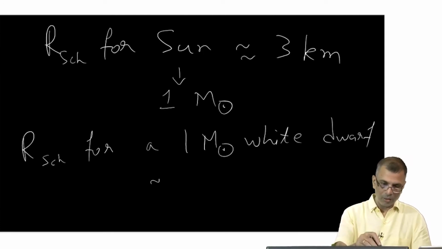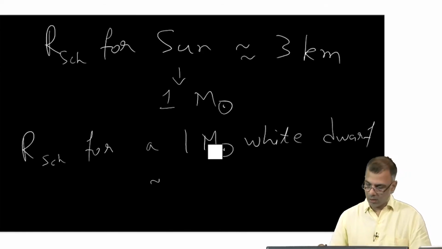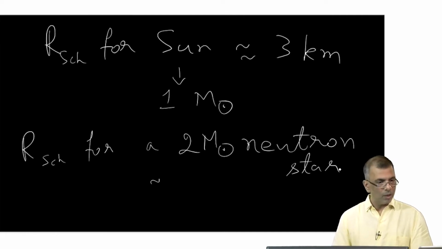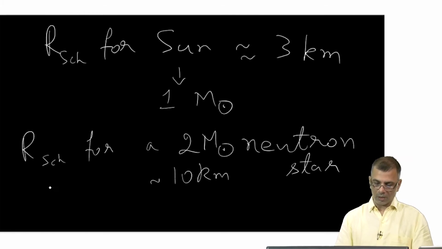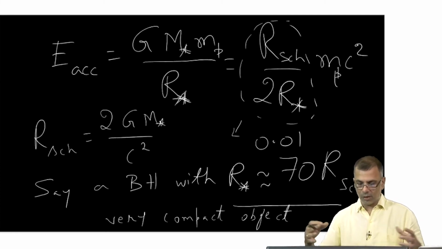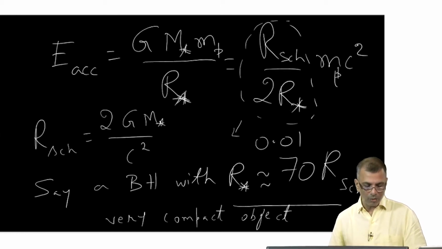The R star would be something like 10 kilometer. So the point is, you need really compact objects in order to enable accretion, in order to extract energy via this process.